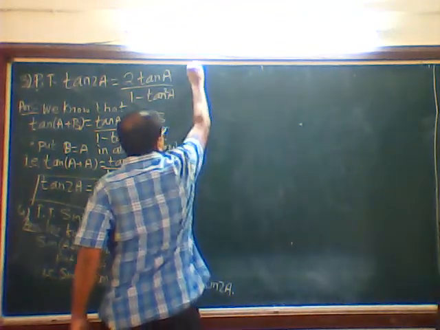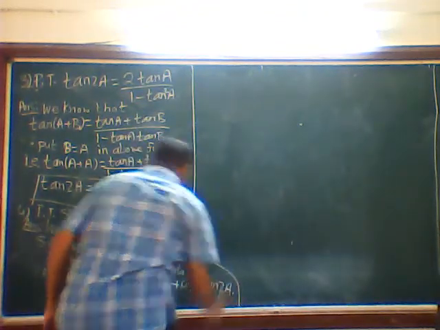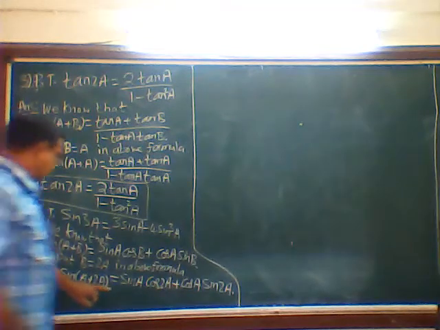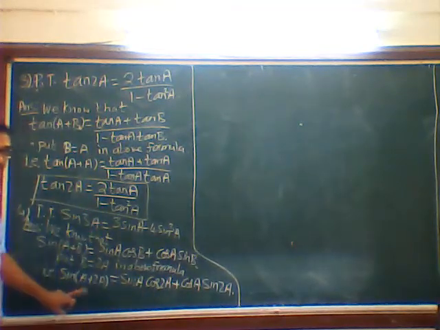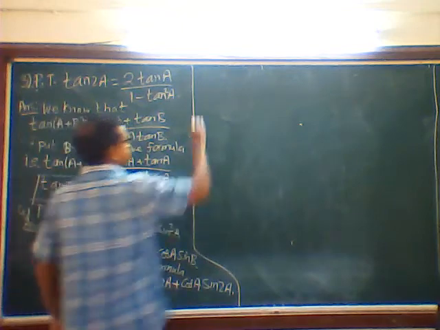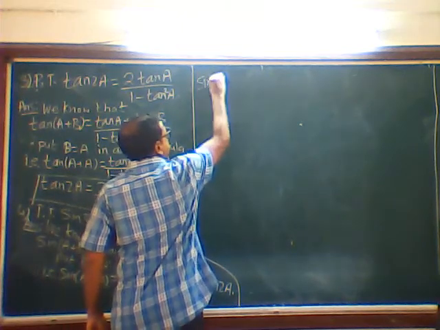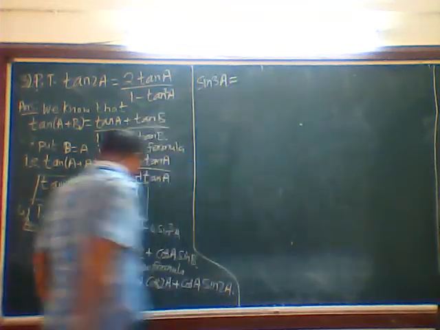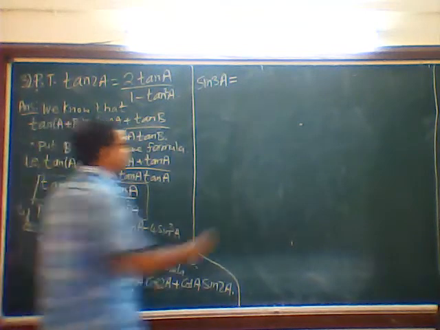Now, sin of A plus 2A, sin 3A, is equal to sin A as it is.